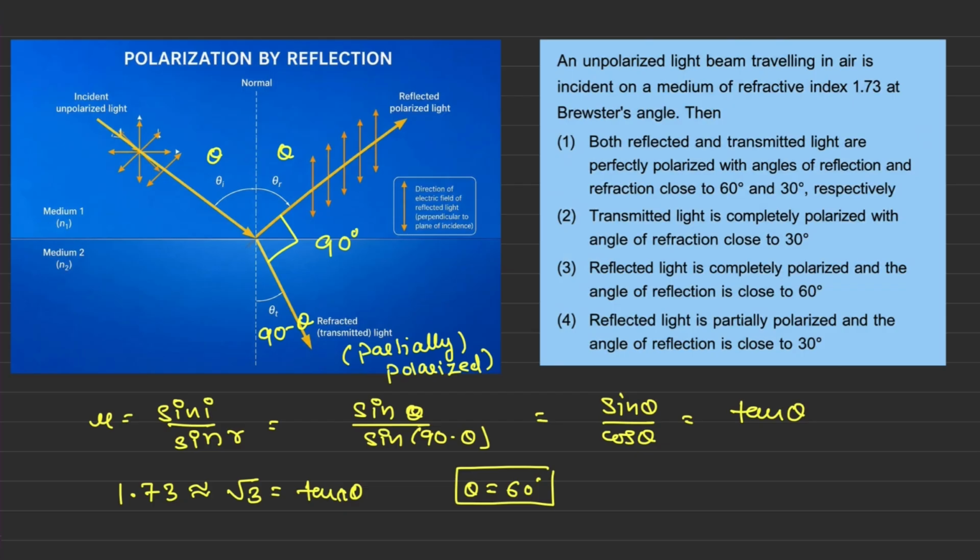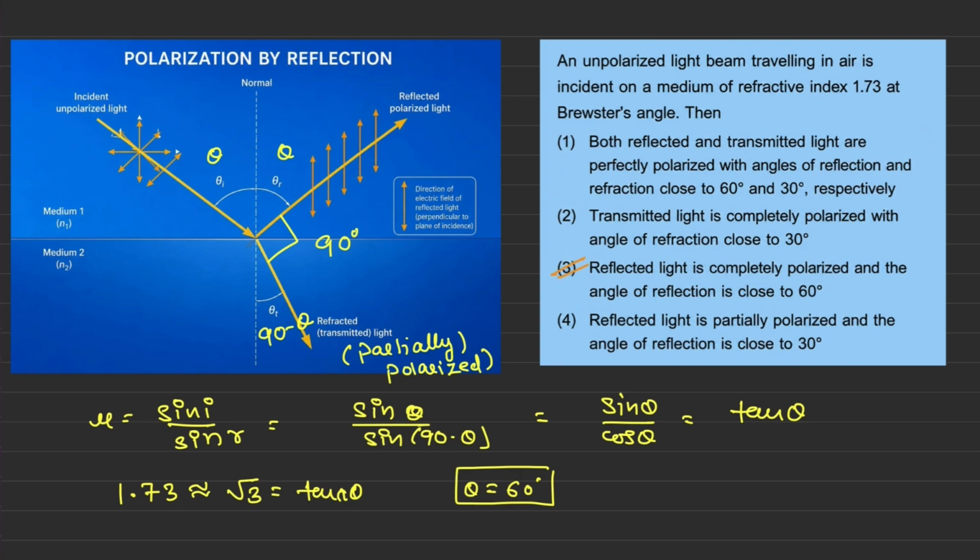So let us go with them one by one. The first option says both reflected and transmitted light are perfectly polarized. No. Reflected will be polarized light, refracted will be partially. Next, transmitted light is completely polarized. No. Next, reflected light is completely polarized and the angle of reflection is close to 60 degree.